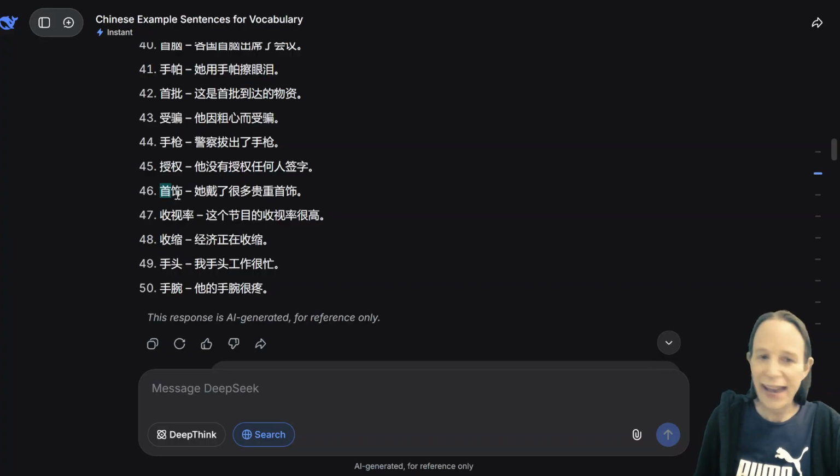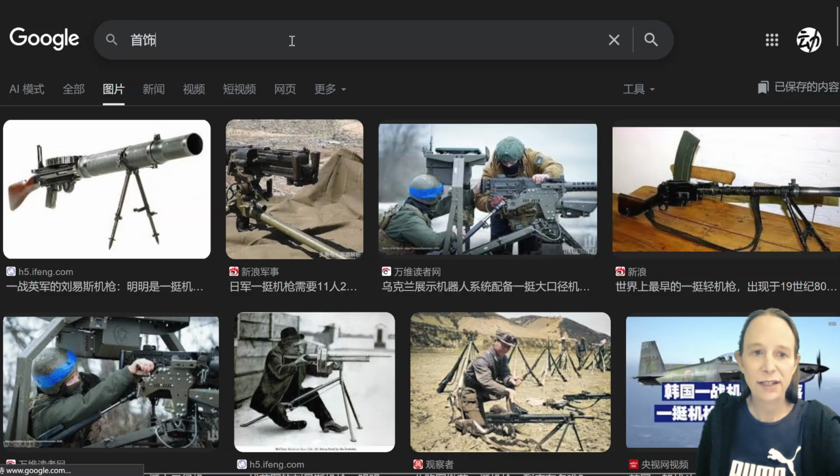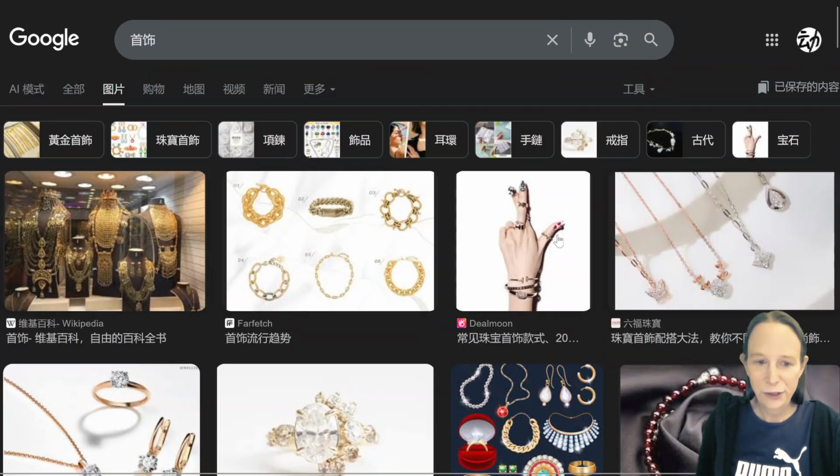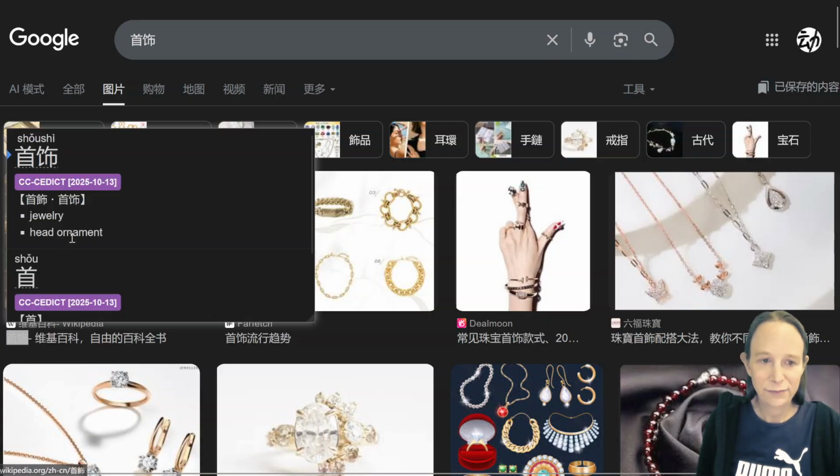Presumably this just means head decoration, it's the Chinese word for jewelry. 他带了很多贵重首饰. Yeah, 首饰, different jewelry. Head ornament.